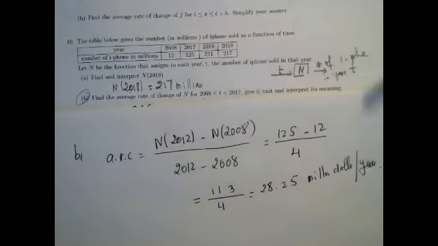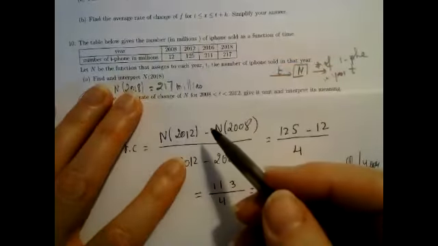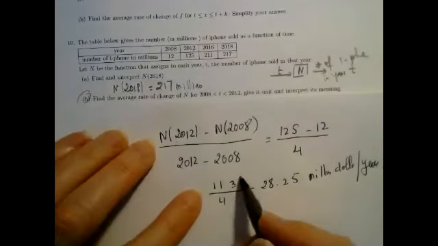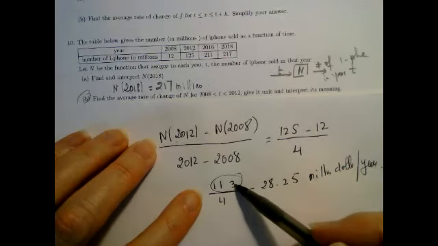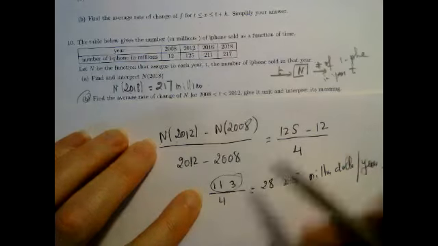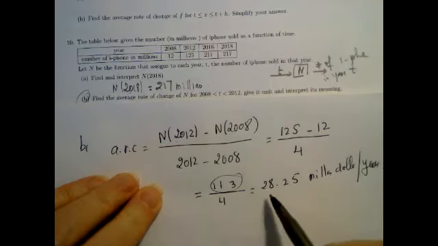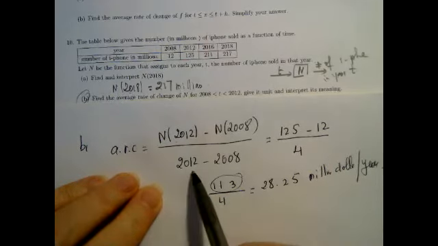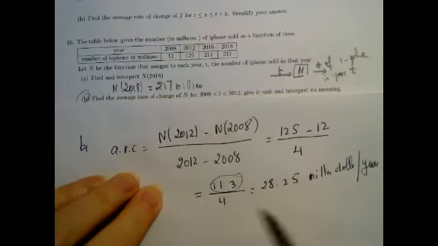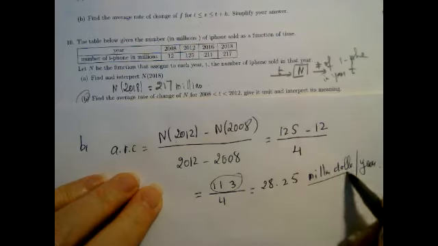Which means that the number of iPhones is increasing between 2008 and 2012. It increased by 113 million over a 4 year period. So on average, how much was it increasing by? On average, the number of iPhones sold between 2008 and 2012 was increasing at the rate of 28.25 million.